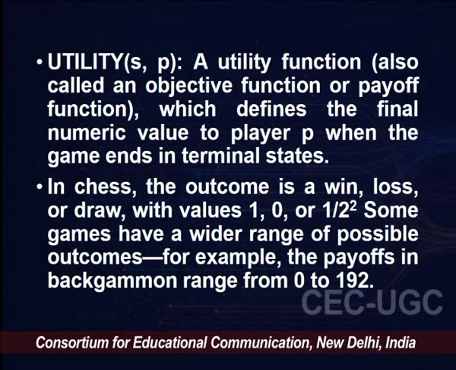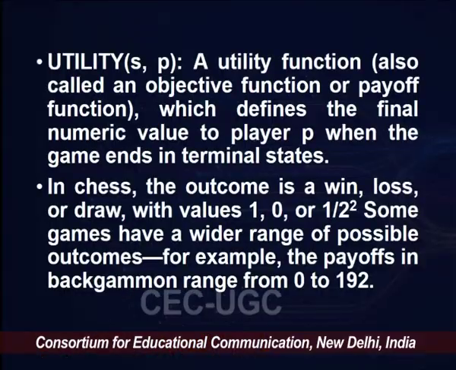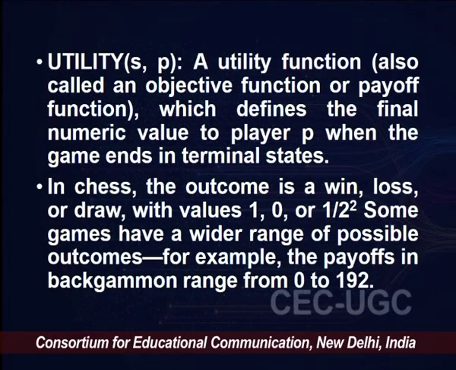Now, consider the example of chess, where the outcome could be either a win or a loss obviously, or it could be a draw. And let us say we assign the values: win is assigned the value 1, loss is assigned the value 0, and a draw gets 1 divided by 2.